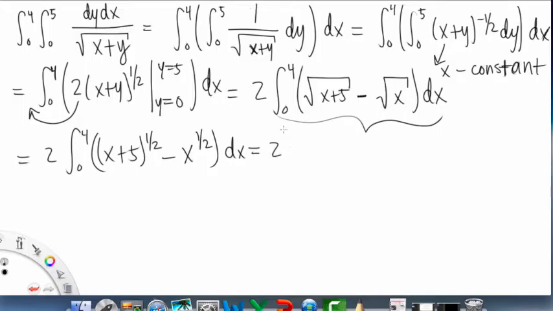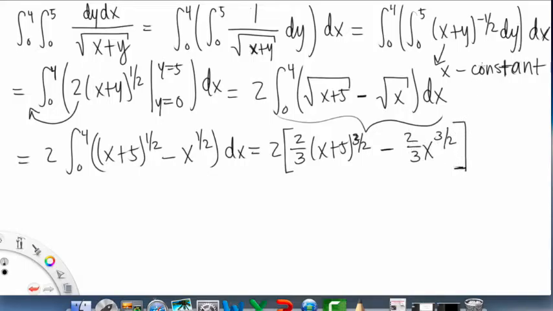Okay, so now we can integrate, and we get (x plus 5) to the 3 over 2. So that means you have to have a 2 over 3 in front, minus an x to the 3 over 2, and you have to have a 2 over 3 in front to balance that out. Okay? And then x is going from 0 to 4. Okay, so now we just solve.